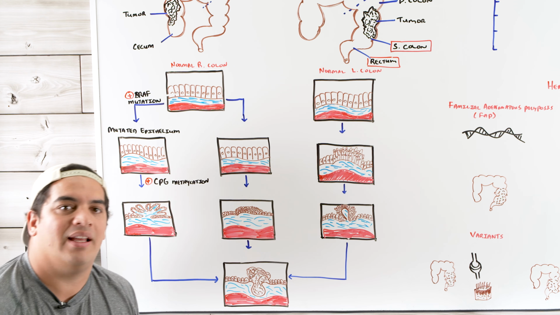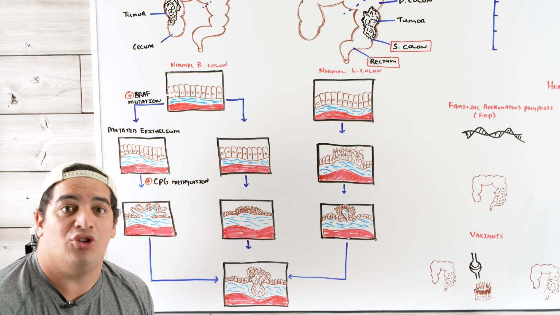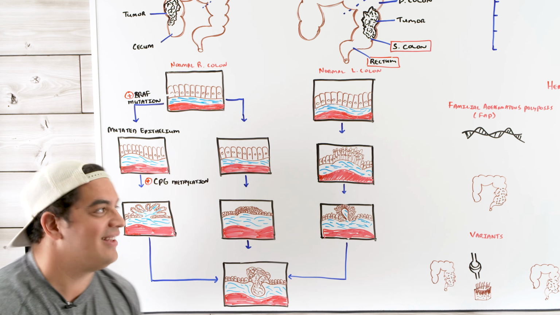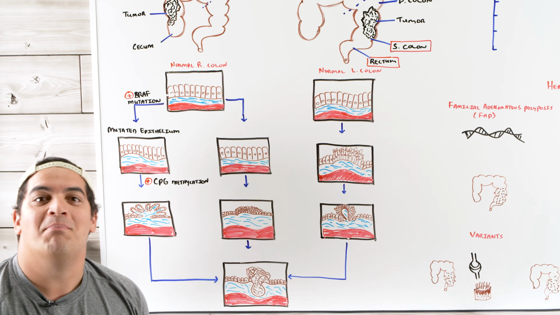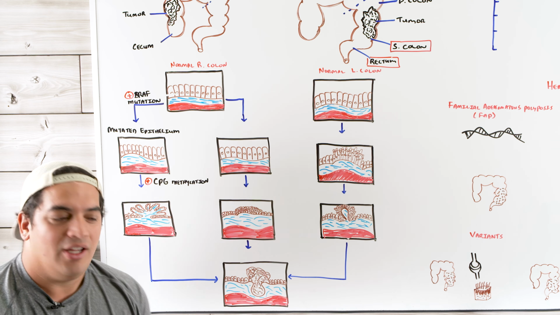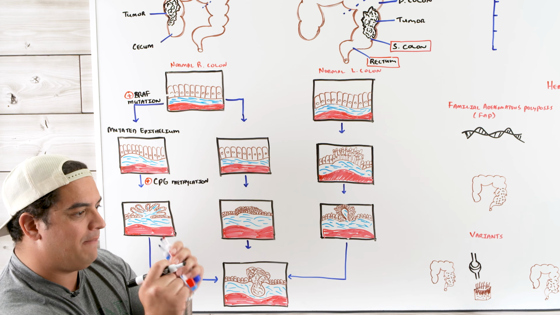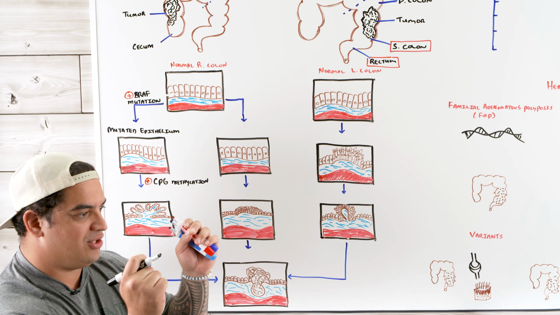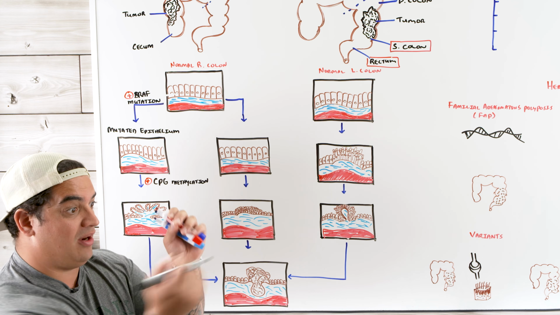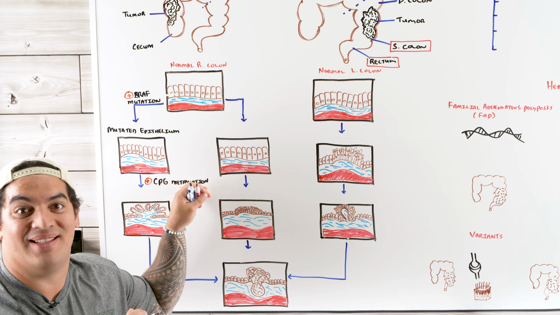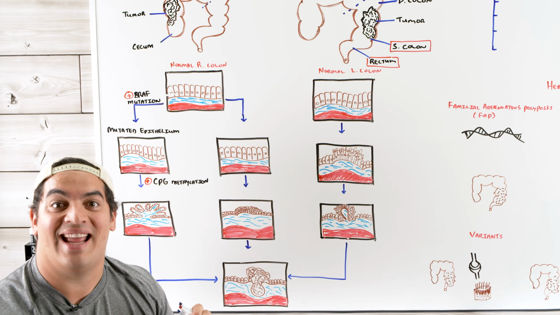You know what DNA methylation does? DNA methylation usually silences specific genes. Guess which genes this decides to methylate? Your mismatch repair genes. You know what mismatch repair genes are supposed to do? Whenever we replicate DNA, if you have an insertion or deletion error, guess what? The mismatch repair genes turn on and they come and fix that up. If those are silenced because of this, guess what happens? You can't fix that DNA damage.